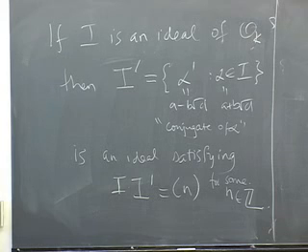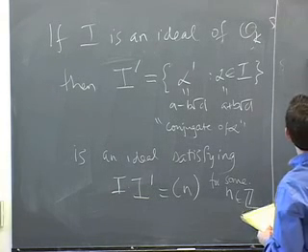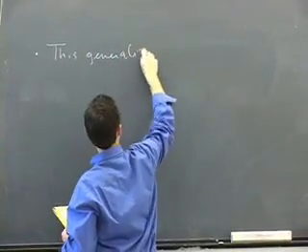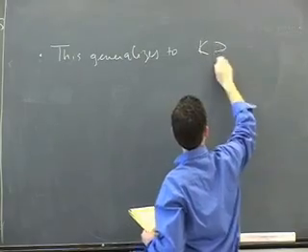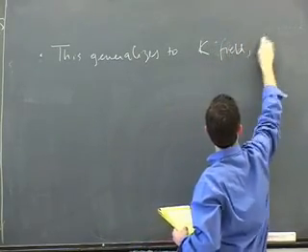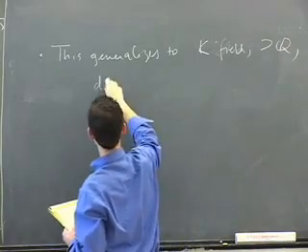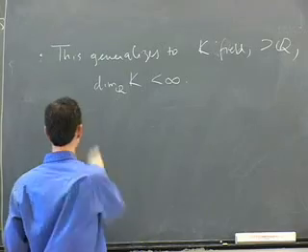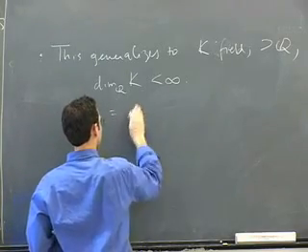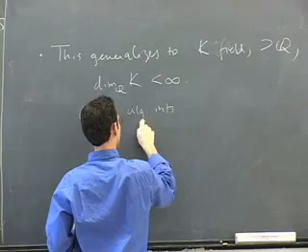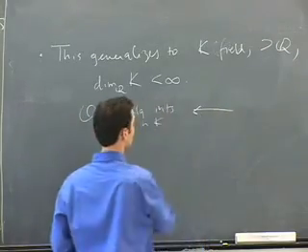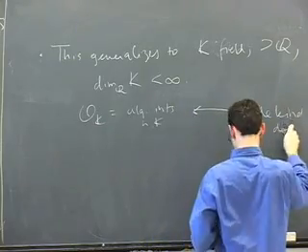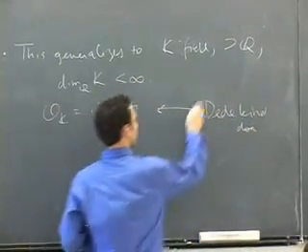So just the general fact is this generalizes to K, a field that contains Q and such that the dimension over Q of K is finite. So you define, again, OK equals algebraic integers in K. And the point is this thing is, first of all, a ring, but more importantly, it's a Dedekind domain. And this is an important theorem.